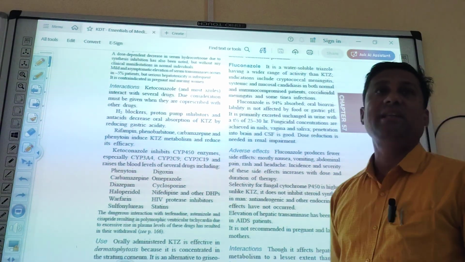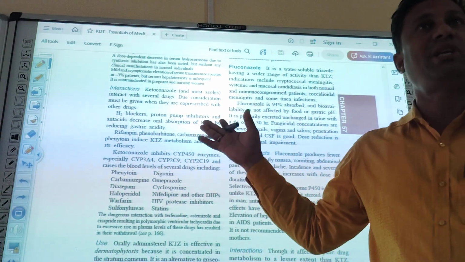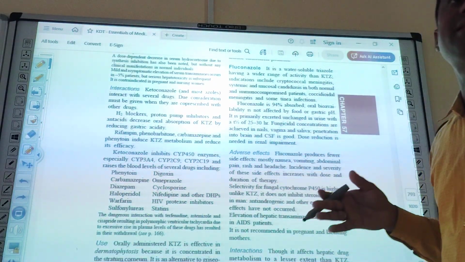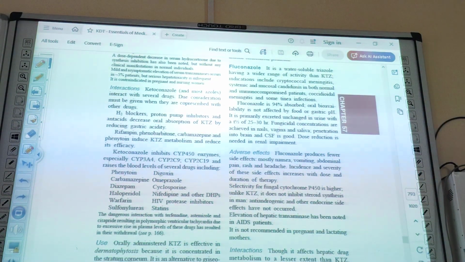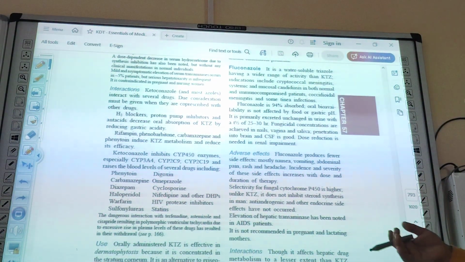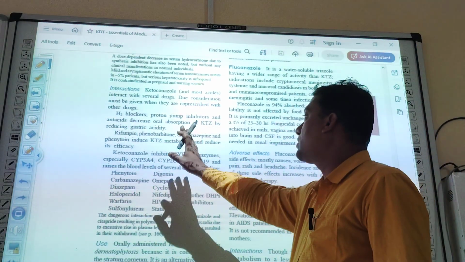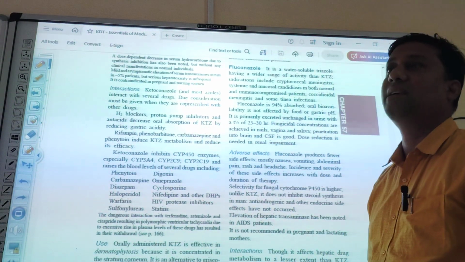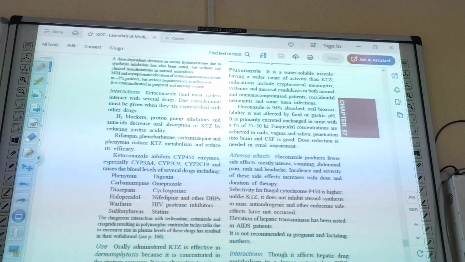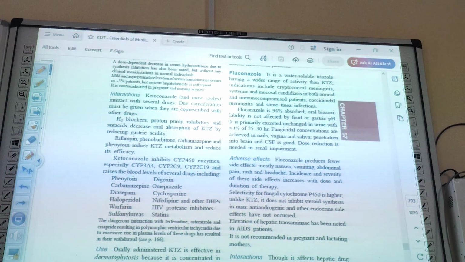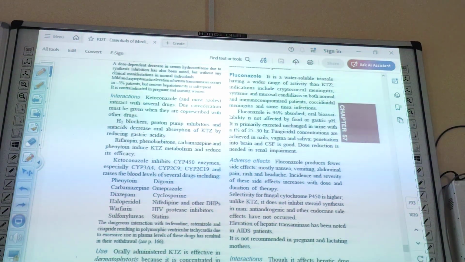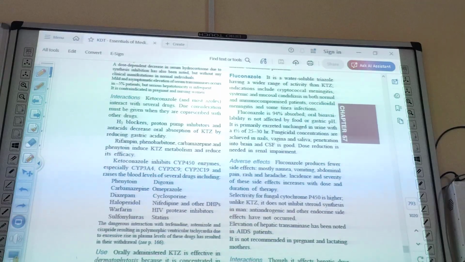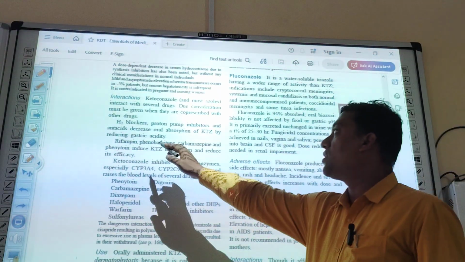Rifampin is an antitubercular drug. Phenobarbital is a barbiturate, sedative and hypnotic. Carbamazepine is an antipsychotic drug. And phenytoin is an anti-epileptic drug, belonging to the hydantoins. If we simultaneously use ketoconazole with this type of drug, the metabolism of ketoconazole will be enhanced, so the efficacy of ketoconazole will be reduced.